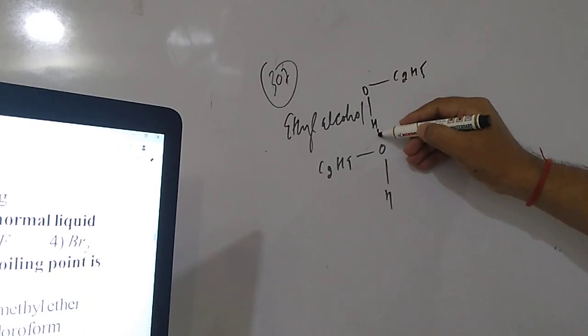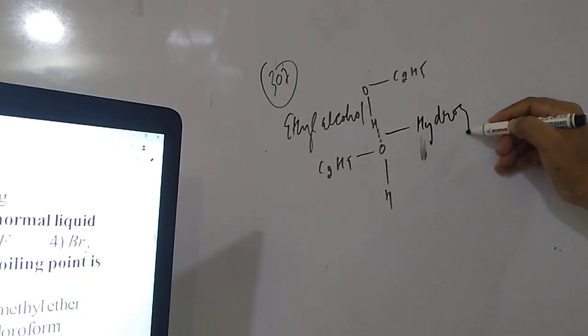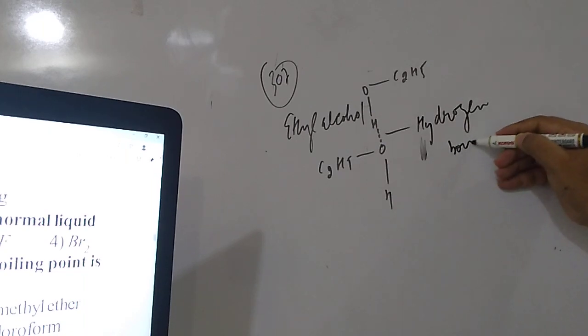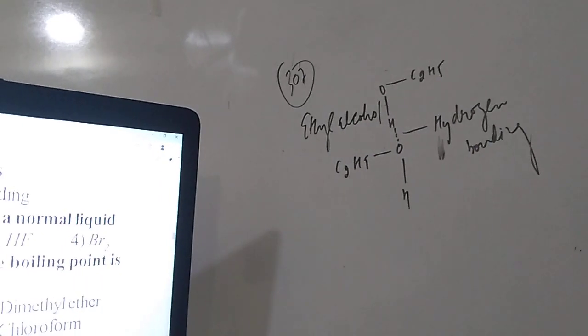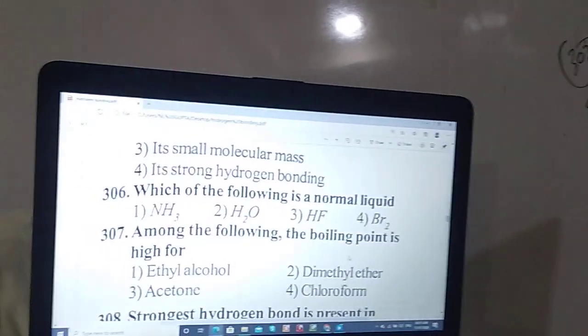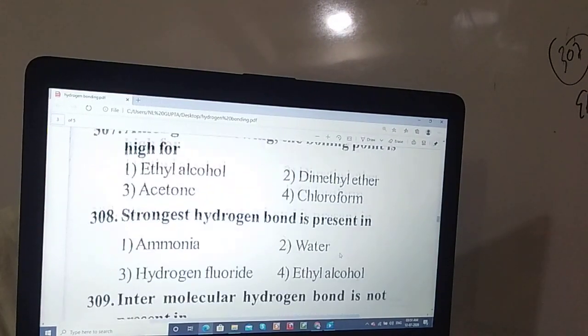What kind of bonding will be there, students? This is hydrogen bonding. Because of the presence of hydrogen bonding in ethyl alcohol, its boiling point will be very high. Keep in mind, students, that wherever hydrogen bonding is there, the boiling point will be high.